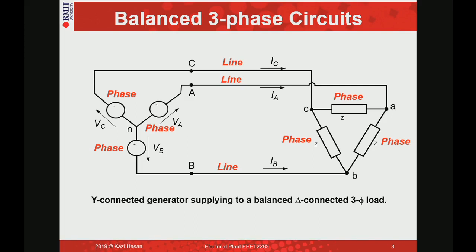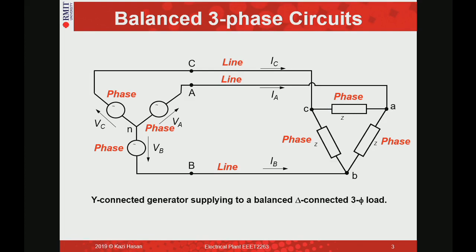So in Y connection, the phase voltage VA is not equal to line or line to line voltage VAB. If you look at your delta, the phase voltage is across point A and C, and line to line voltage is between A and C. So whatever you see as your phase voltage in delta circuit, that is the same as line to line voltage.